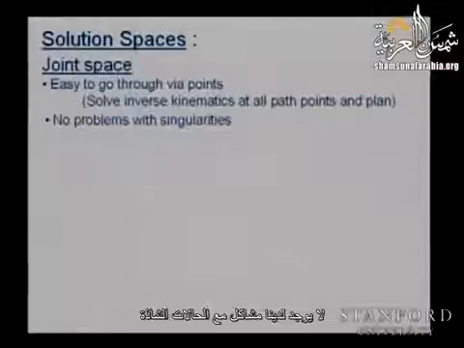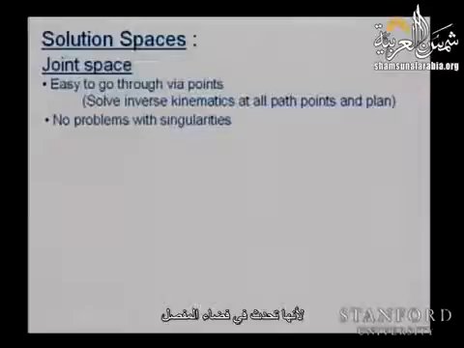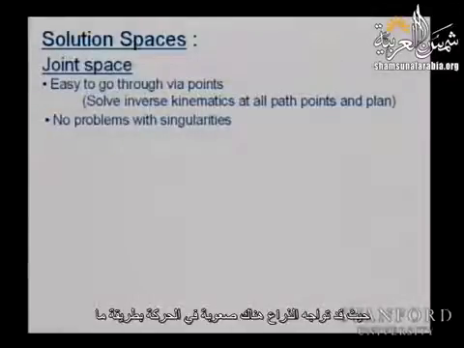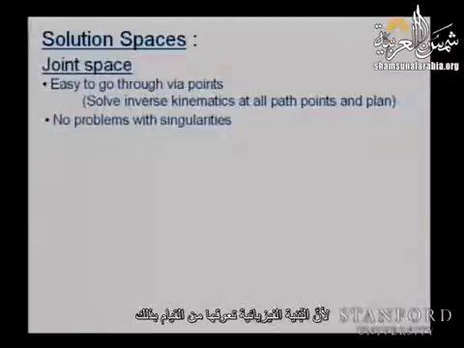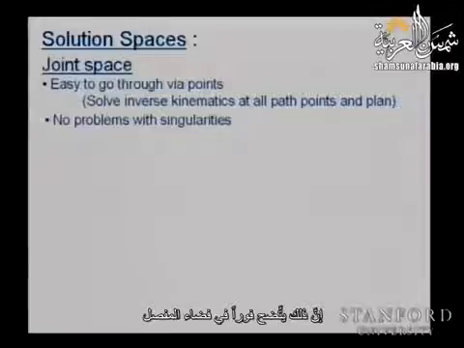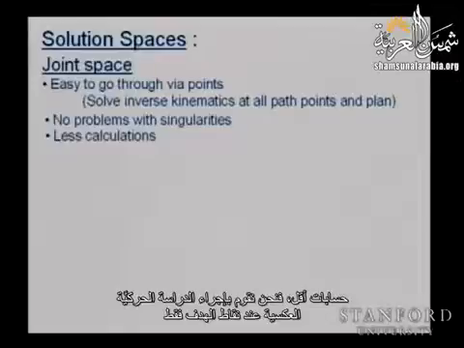There is no problem with the singularities, because the singularities occur in joint space. That's where the manipulator cannot move in a certain way, because the physical structure is precluding it from doing that. Okay? So in joint space, that's immediately obvious. Less calculations. We are only doing the inverse kinematics at these target points.